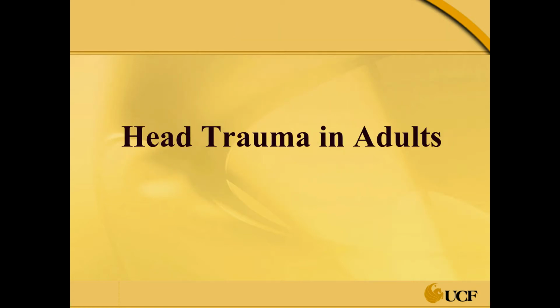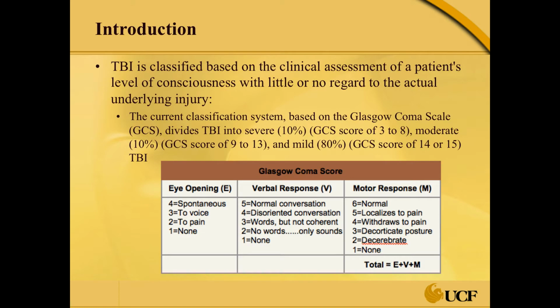Okay, that moves us into the head trauma area, and we're going to be talking about head trauma in adults. Traumatic brain injury is classified based on the clinical assessment of a patient's level of consciousness, with little or no regard to the actual underlying injury.